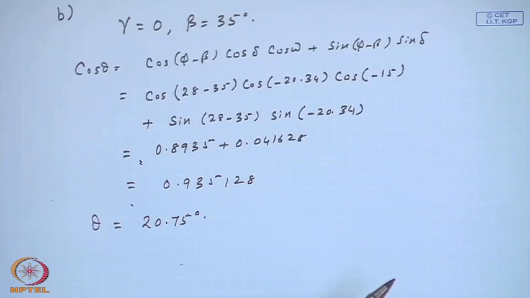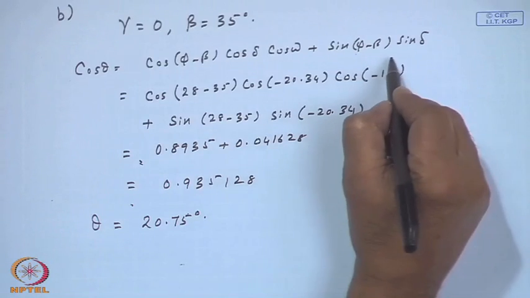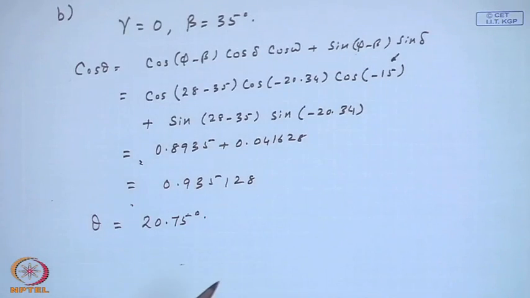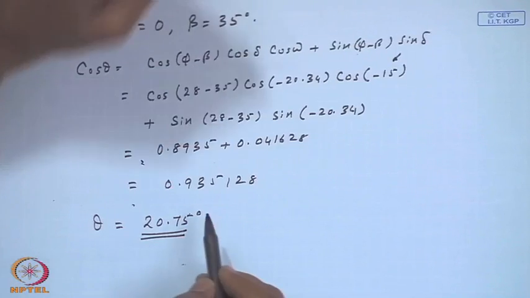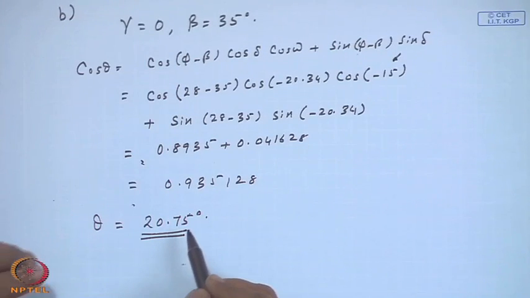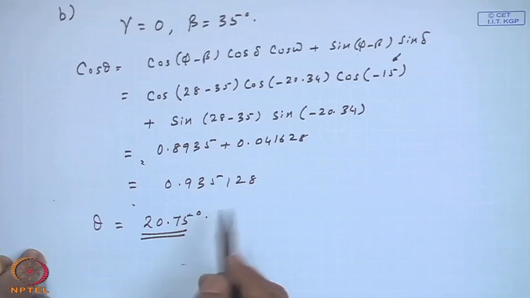So, it is south facing, okay, and the time is 11 o'clock, that is omega equal to minus 15 degrees, and phi is 28 and beta is 35. So, in winter in general, when the declination is negative, a higher beta is favorable. Higher beta favorable means theta will be lower, and we have got a reasonably low theta, 20.75 degrees, right.